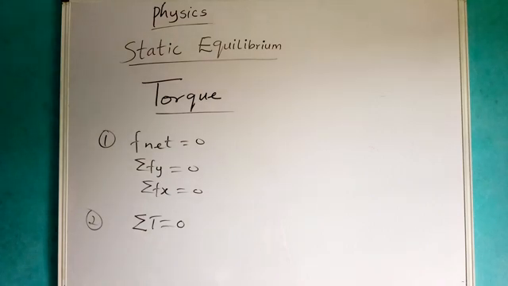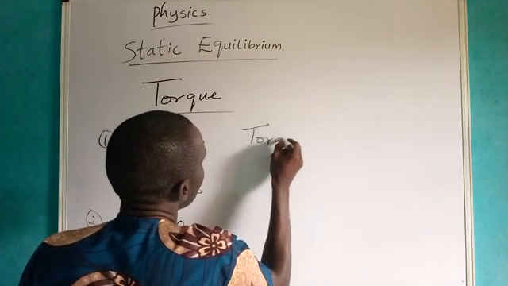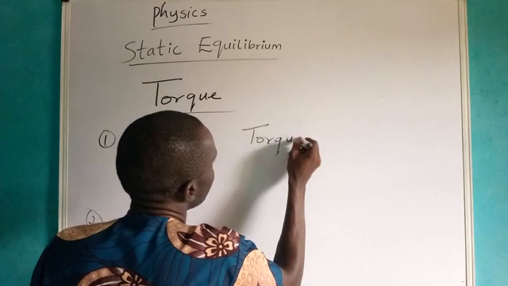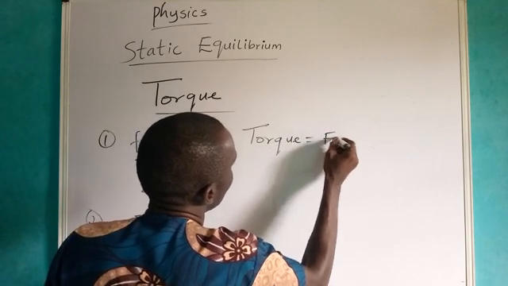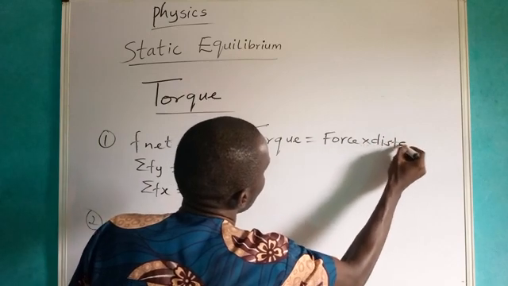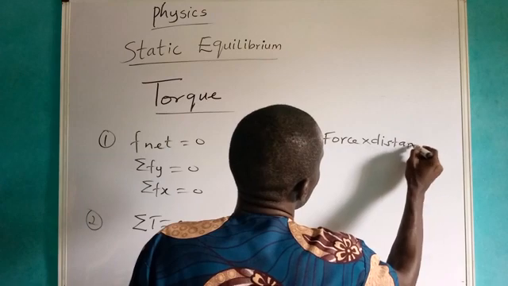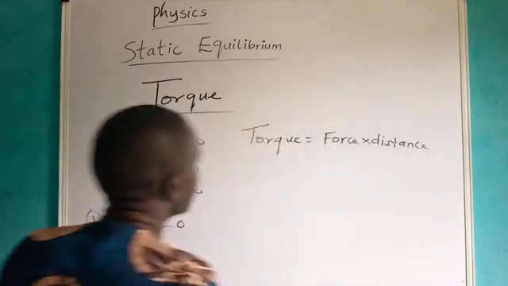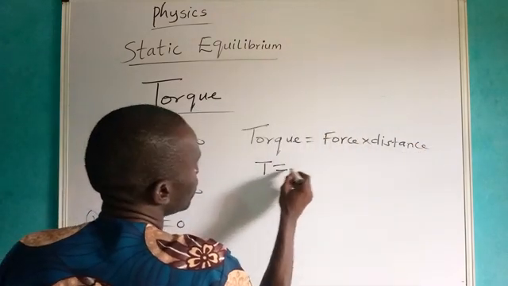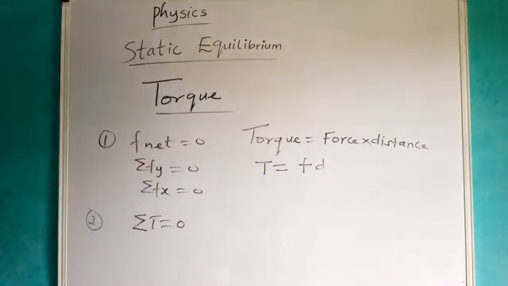It means that we can determine the formula for torque. Torque is simply the product of force and the distance. You take notes, the product of force and the distance. It means that torque can be written as F times distance. That is the formula for torque.